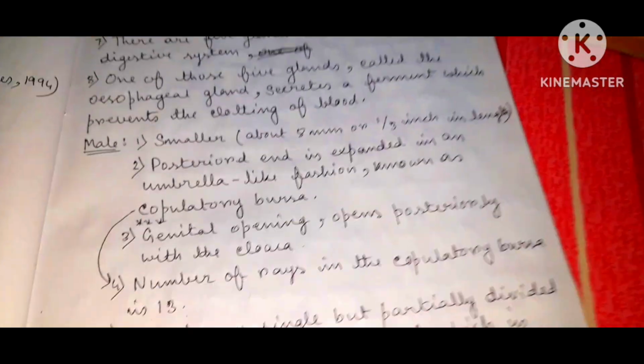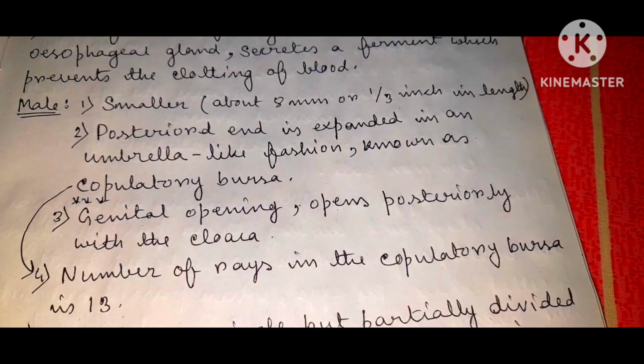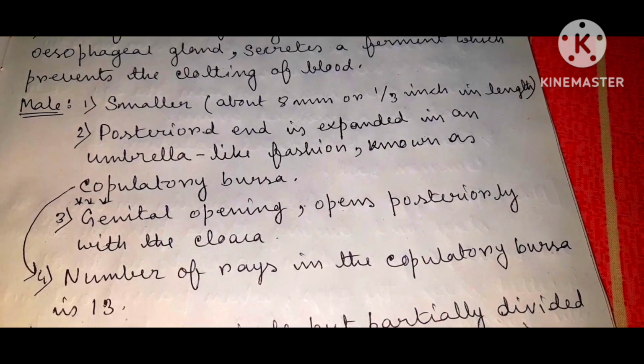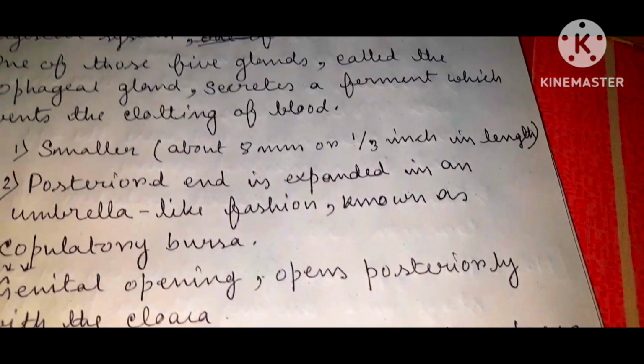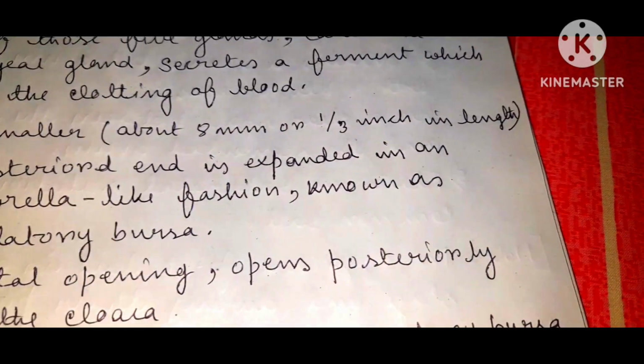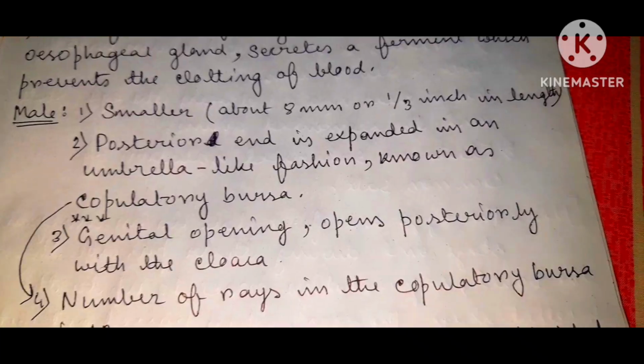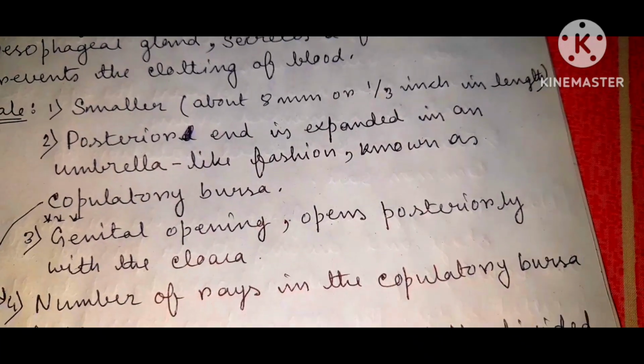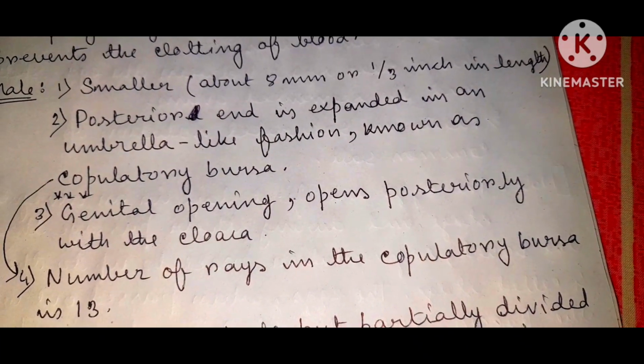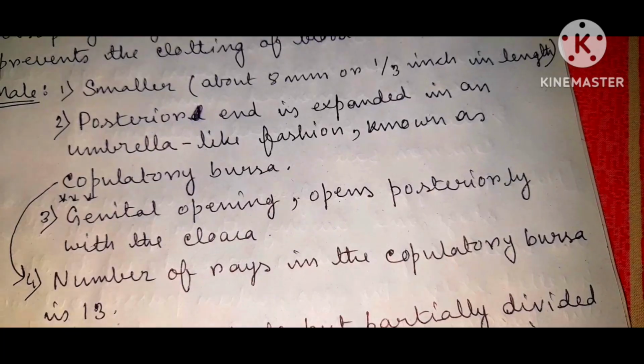Now come to the specifically male characteristics. Smaller, about 8 mm or 1/3 inch in length. Posterior end is expanded in an umbrella-like fashion known as the copulatory bursa.